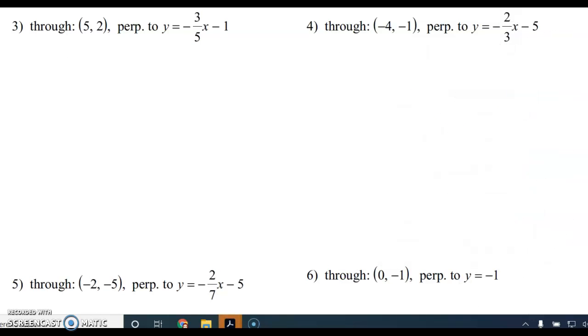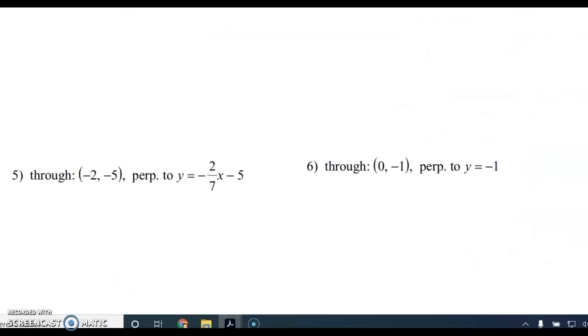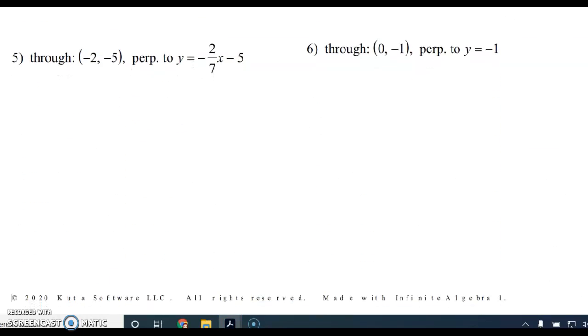All right, number 5, we've got point negative 2, negative 5, perpendicular to, well, the slope is currently negative 2 over 7. So the perpendicular slope, the opposite of a negative is a positive. The reciprocal or the inverse of 2 over 7 would be 7 over 2.